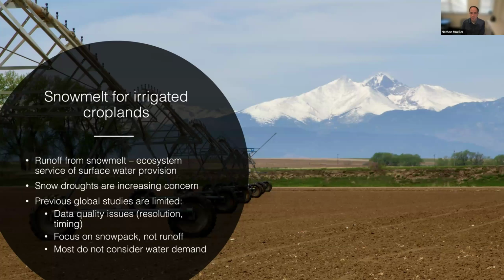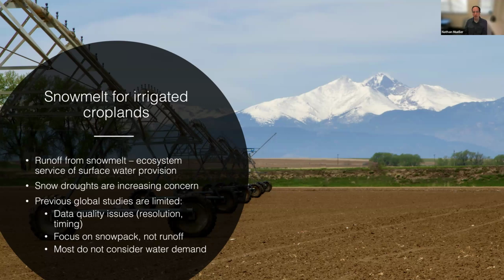All right, so let's move on from rain-fed crops to think a little bit more about irrigated crops. So as I mentioned earlier, when we were talking about climate risk and reducing hazards, there are a lot of benefits of irrigation. So not only are you supplying water to the crops, but you're also helping alleviate heat stress within the crop canopy.